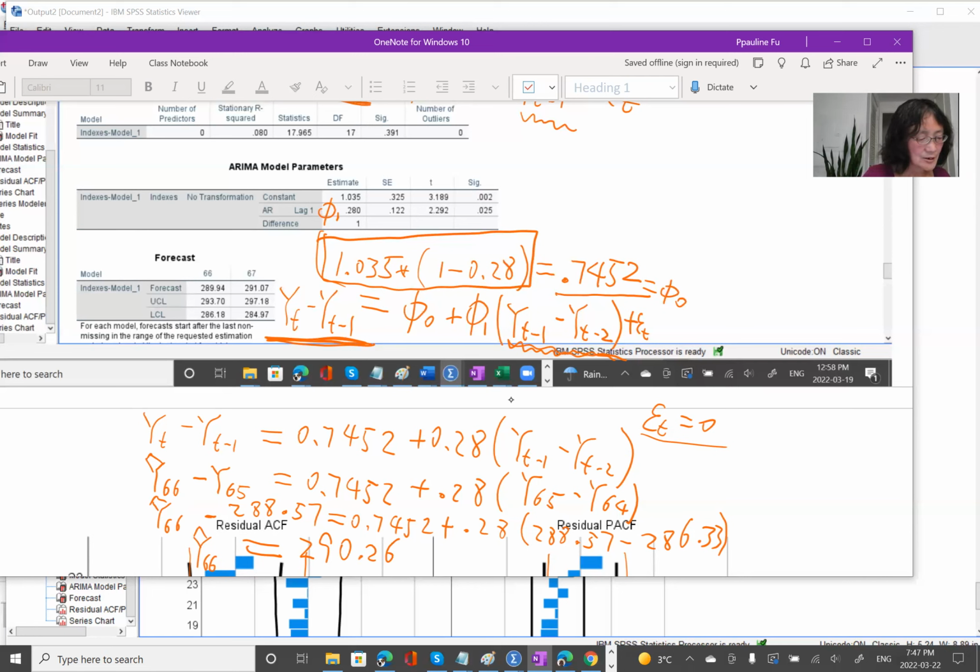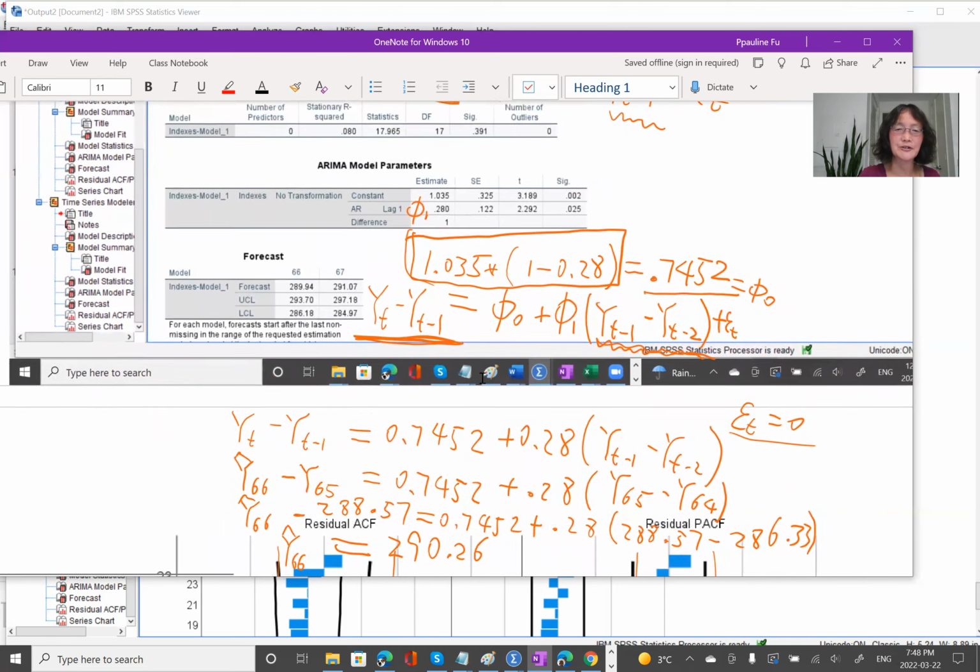So that is 66. All right. So that is how we fit an ARIMA model using the difference. Any questions?